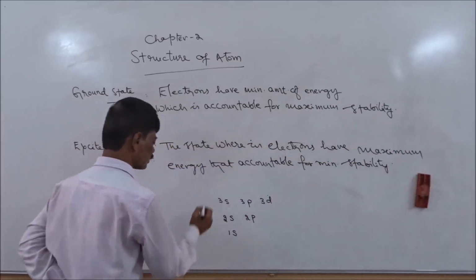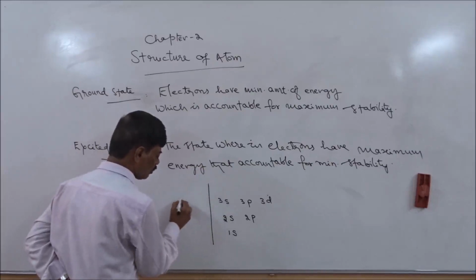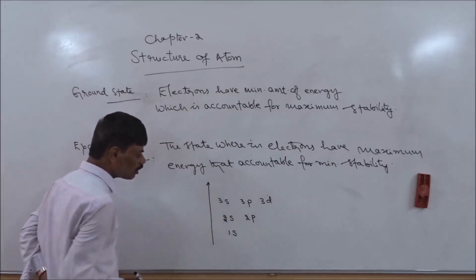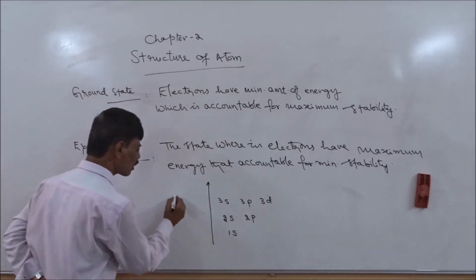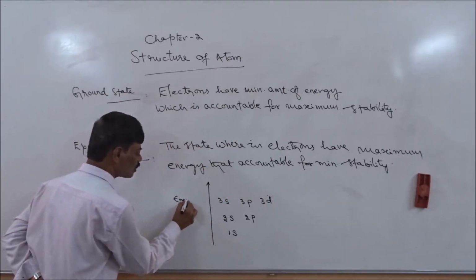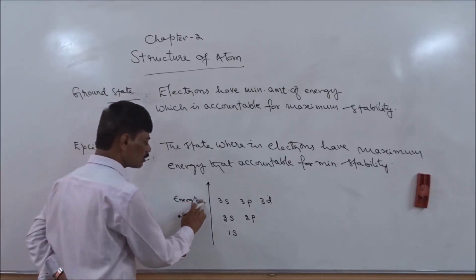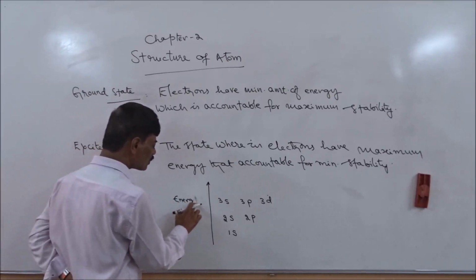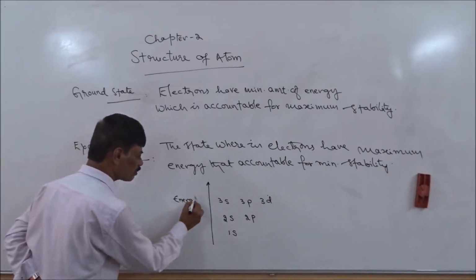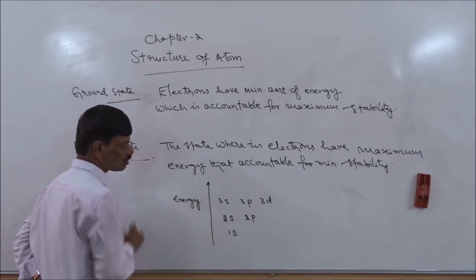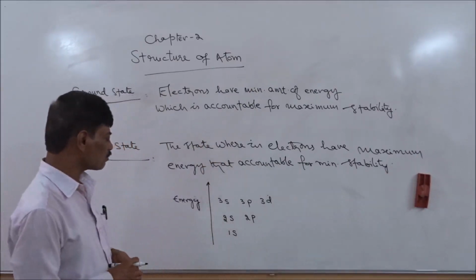Here as we move from 1s to 2s, 2p, 3s, 3p, etc., energy possessed by the orbitals in the concerned principal quantum number also increases as we move up.